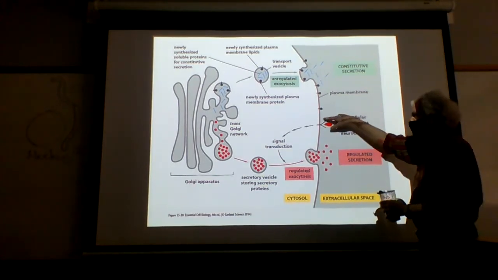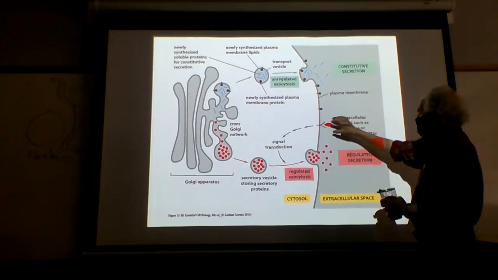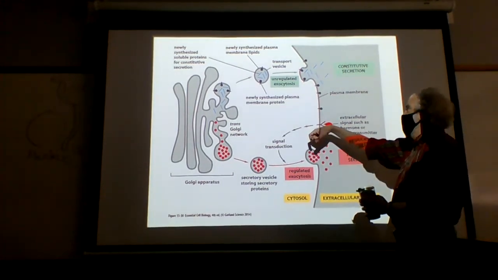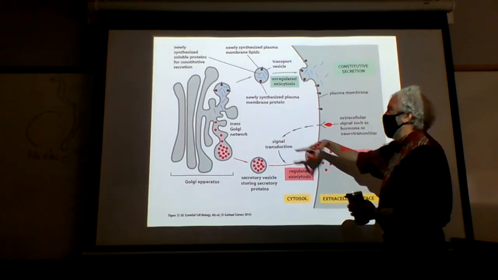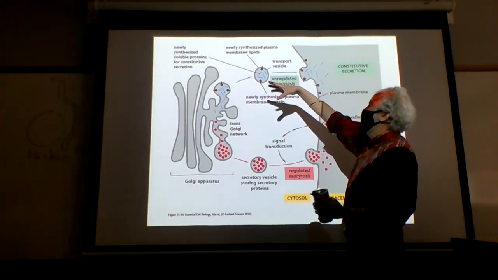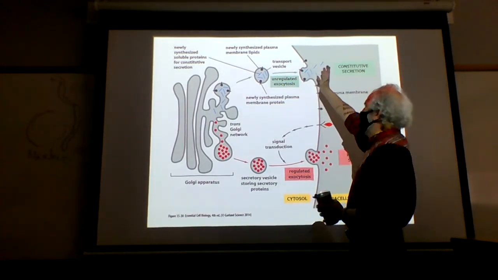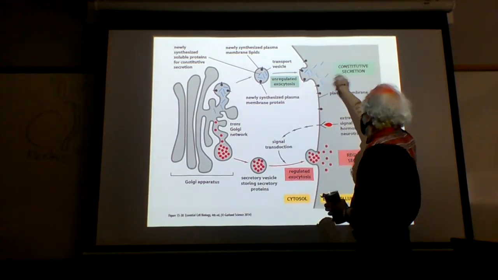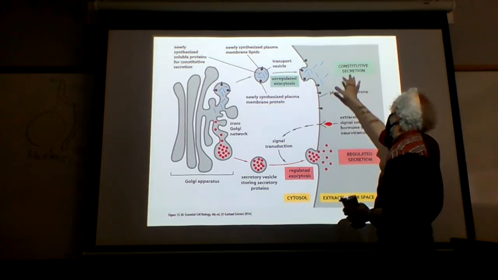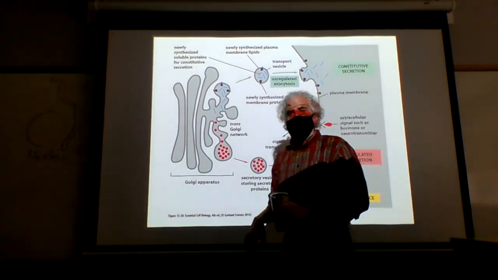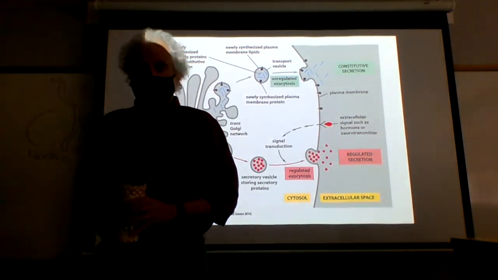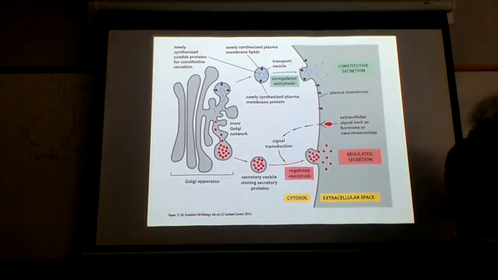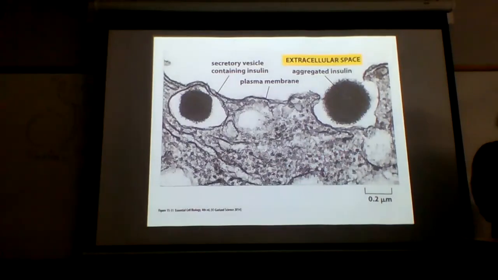We then have receptors that can bind signals like hormones, different things, and they can get pulled back in. We also have lots of things like new plasma membrane that is just really kind of constantly going to the cell surface. This is unregulated and constitutive secretion. You've got to balance them out, otherwise your membranes get flabby, though. So another sort of diagram that if you can explain that, you're doing good.